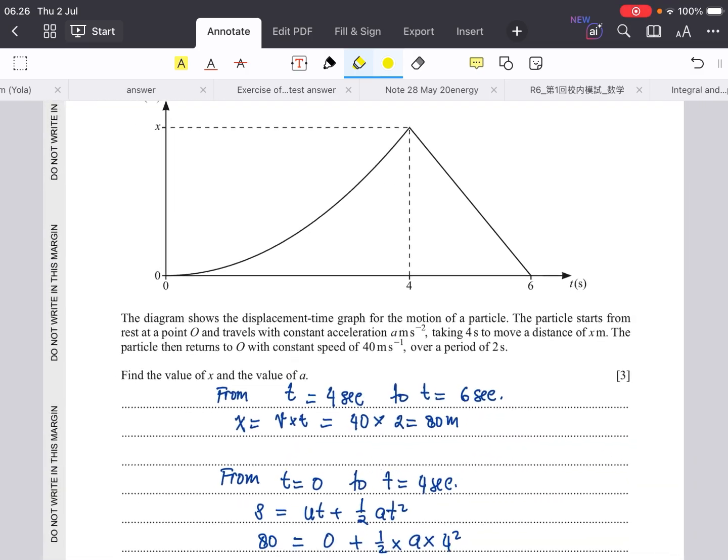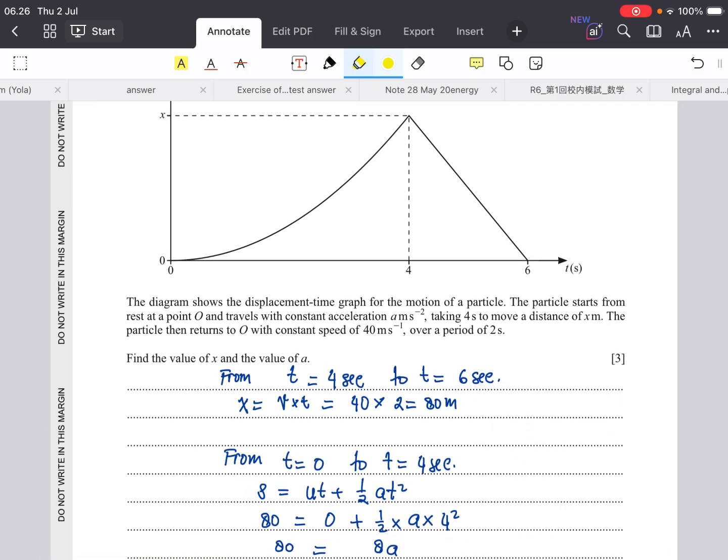And then to find the value of a, the acceleration of the particle, we can analyze the motion of the particle from t equals 0 until t equals 4 seconds. During this period, the particle also has moved a distance of 80 meters, as we can see from this graph.